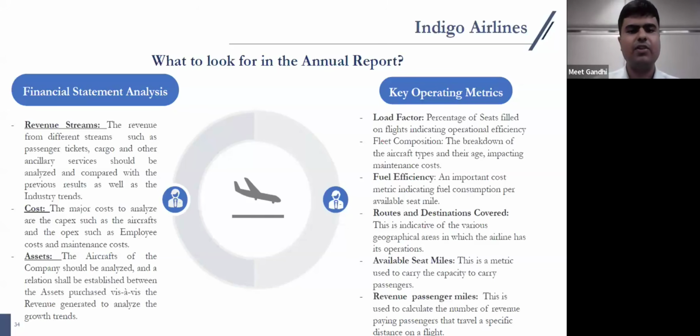Now, talking about the revenue streams, the primary revenue streams of an airline industry basically come from the ticket sales and the ancillary sales. The ticket sales are the core business of traveling and taking the passengers to and fro.